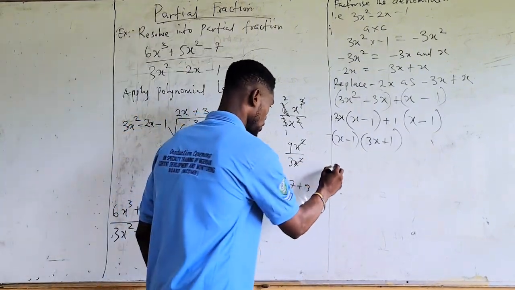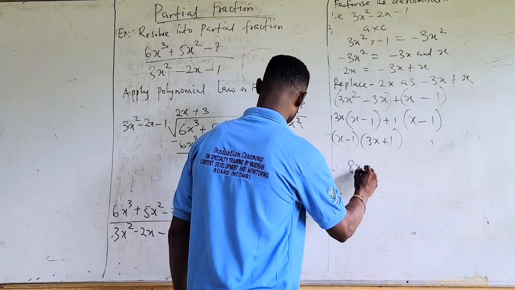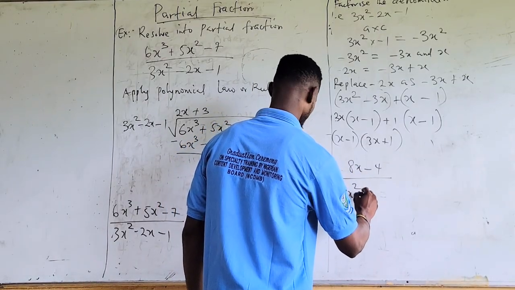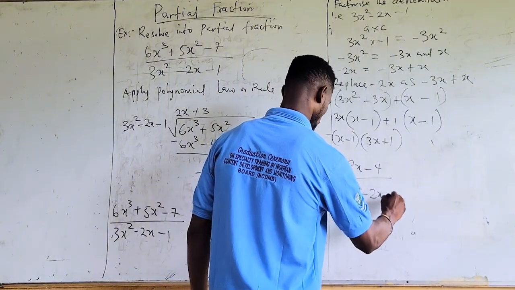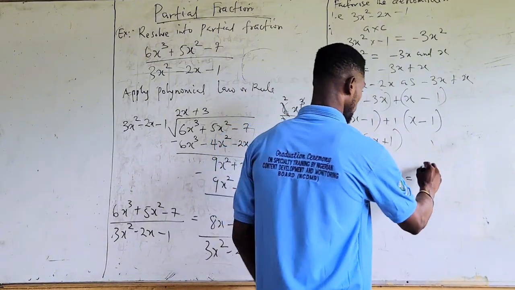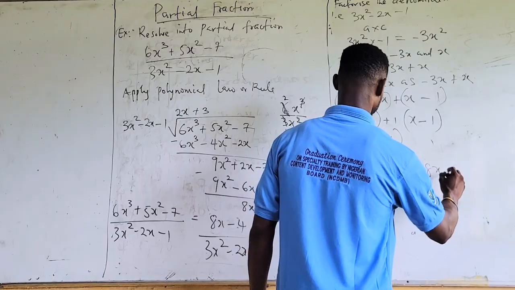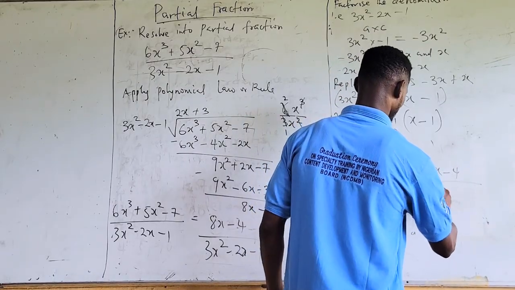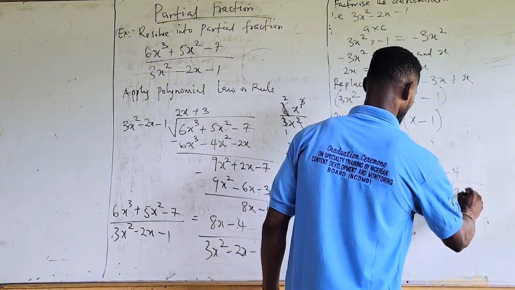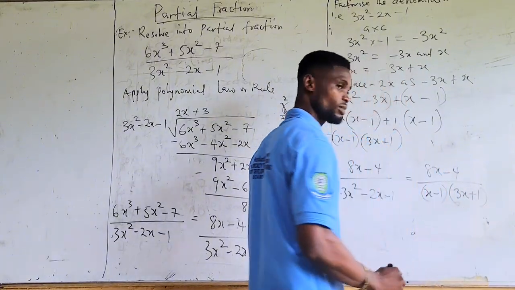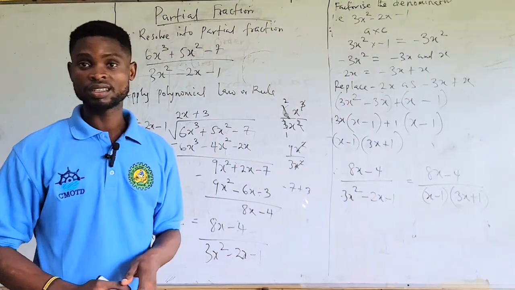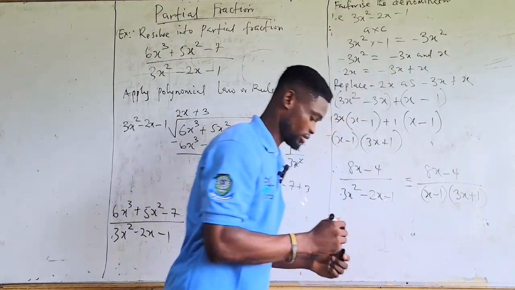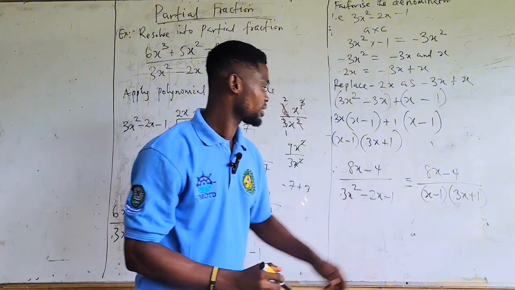So therefore we have 8x minus 4 over 3x squared minus 2x minus 1 will be equal to 8x minus 4 over x minus 1 and 3x plus 1. Okay, if you can see the final, this is equivalent.